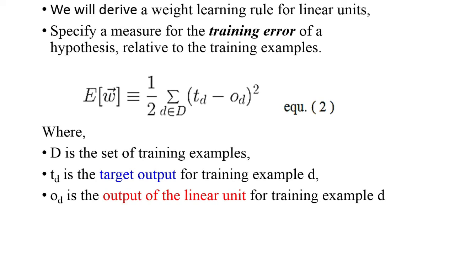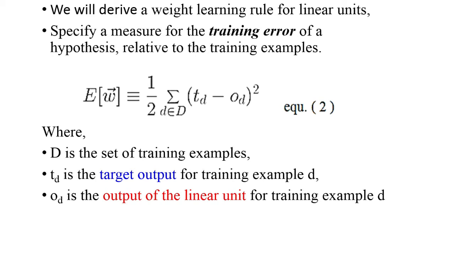The delta rule searches for these weight vectors and uses them to generate the output for a given training example.